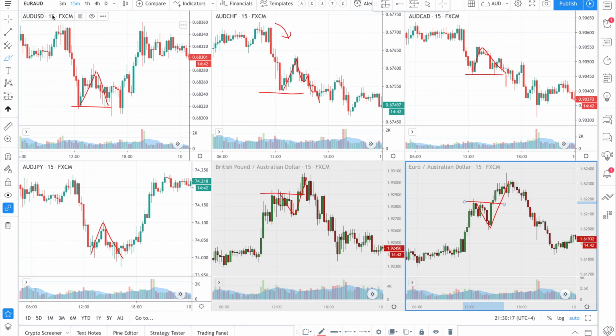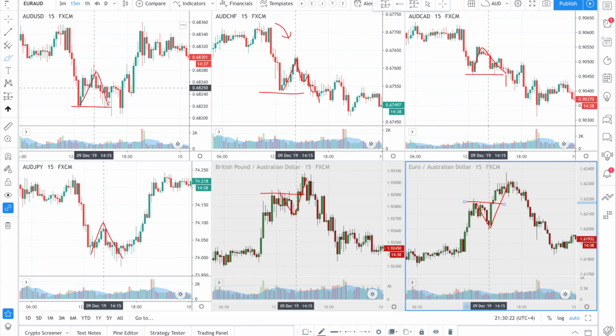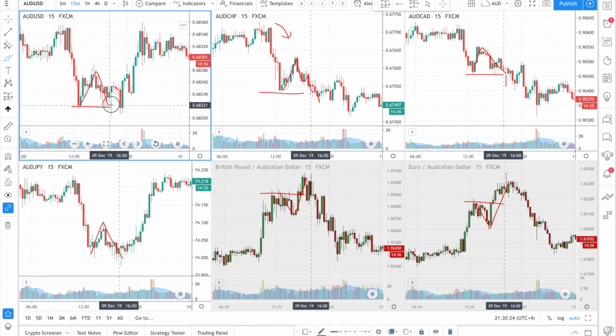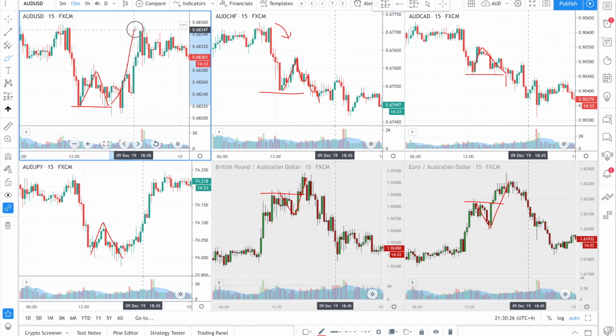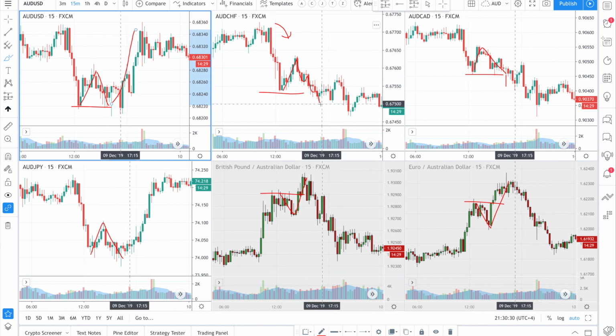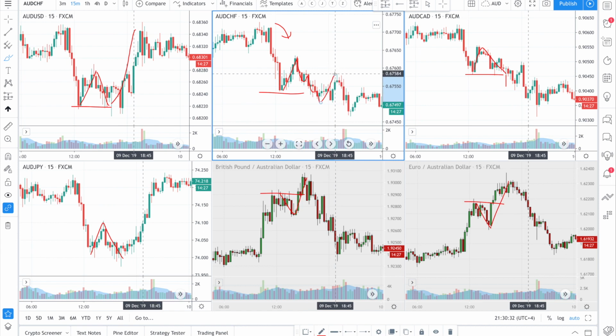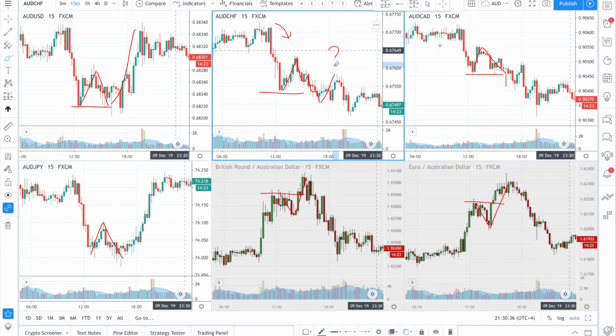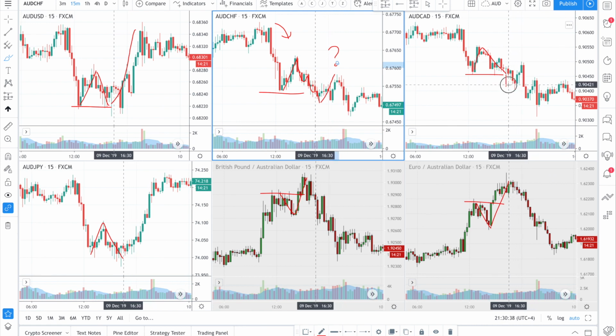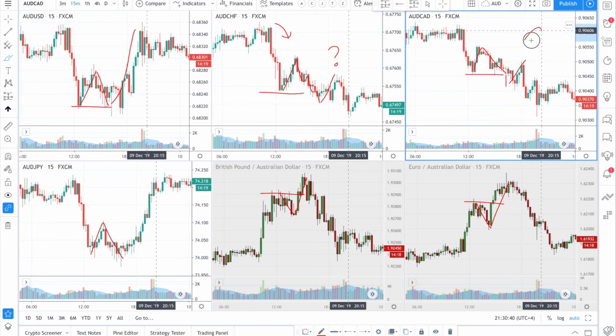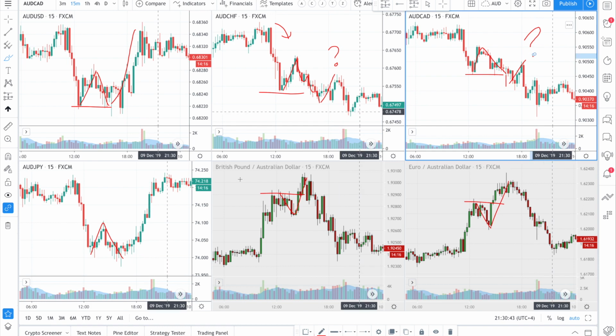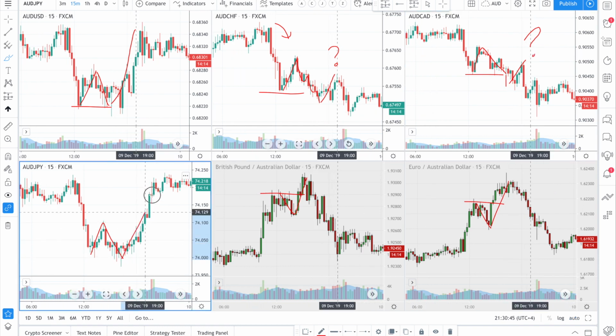Okay, so in this case, after some of the digestion on Aussie USD, he goes up for the next meal by making a higher high. While in Aussie Swiss franc, where is that higher high? It's not there. While on Aussie CAD, where is that higher high? It's not there. Aussie yen, and there it is.